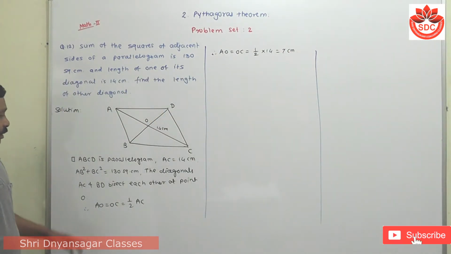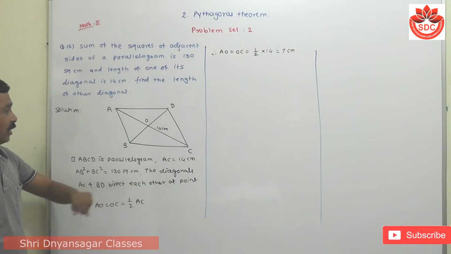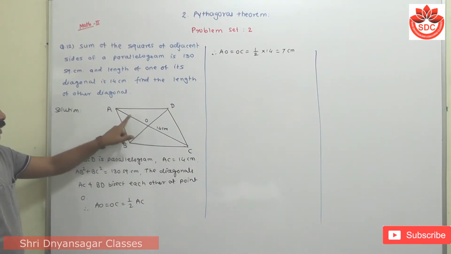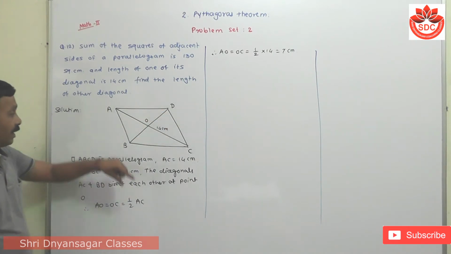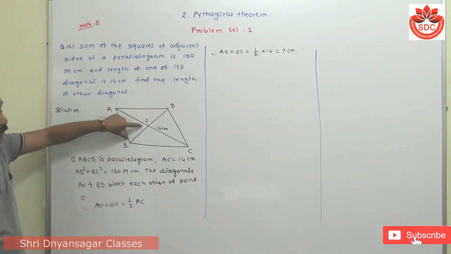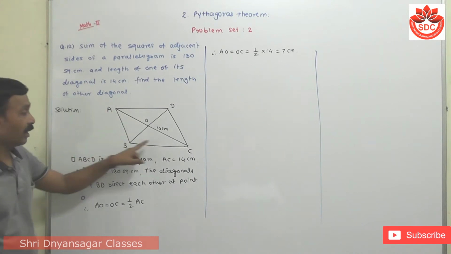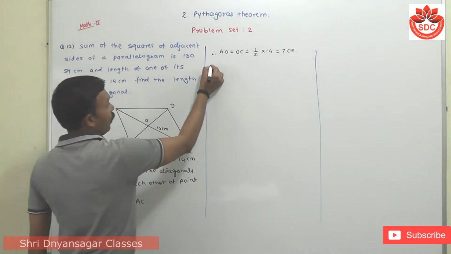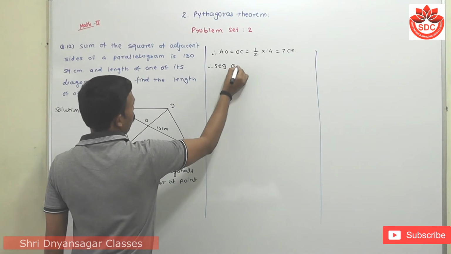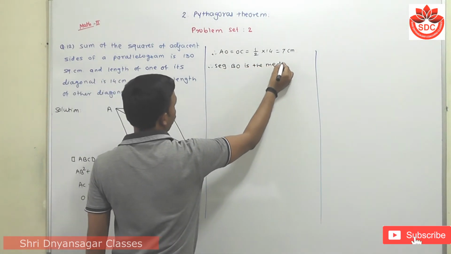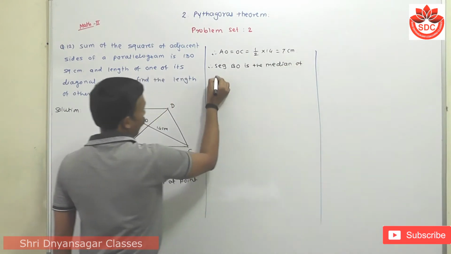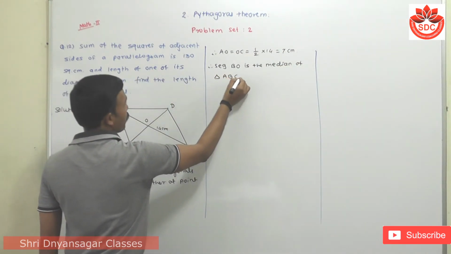Now, this is the bisect each other, meaning that O is the midpoint of segment AC and also of segment BD, meaning that segment BO is the median of triangle ABC.